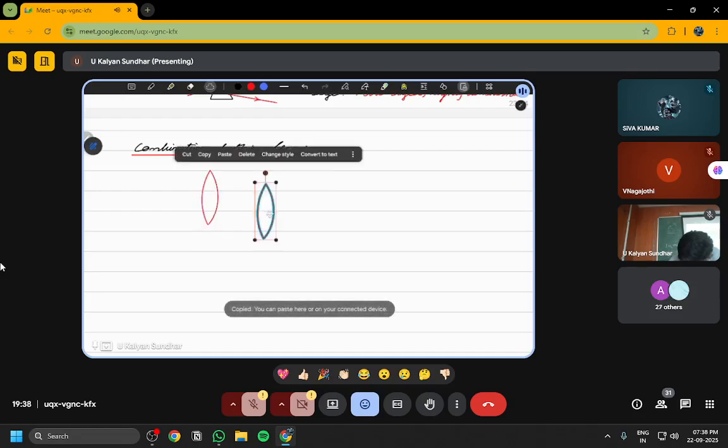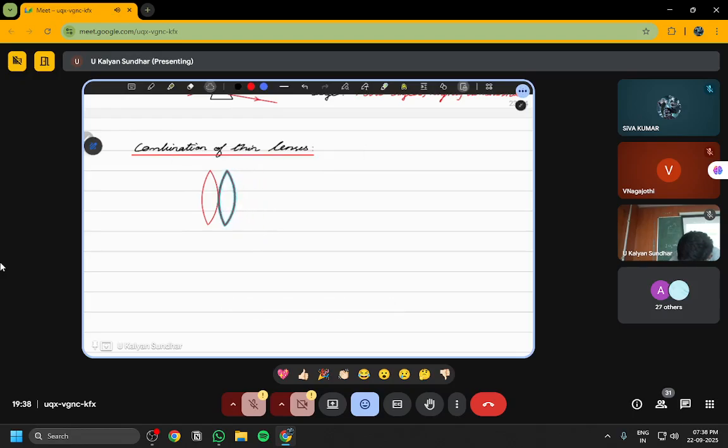So ரெண்டு thin lens, I'm just keeping it together, I mean, in contact with each other. And this lens has got the focal length f1, and this has got the focal length f2. And this is your principal axis that is passing through both the optical centers.